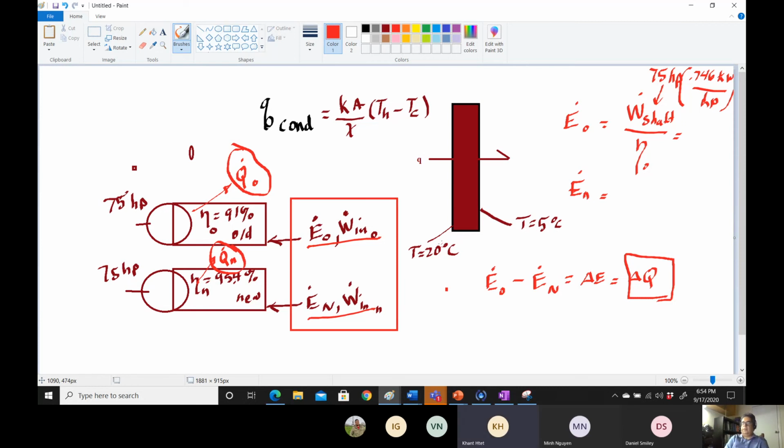I thought the delta E of the whole system equals energy in minus energy out, but I didn't think about using that on the heat also. But the heat is also energy, right? Yeah, because energy in is equal to energy out, so either way is going to give you the right answer.